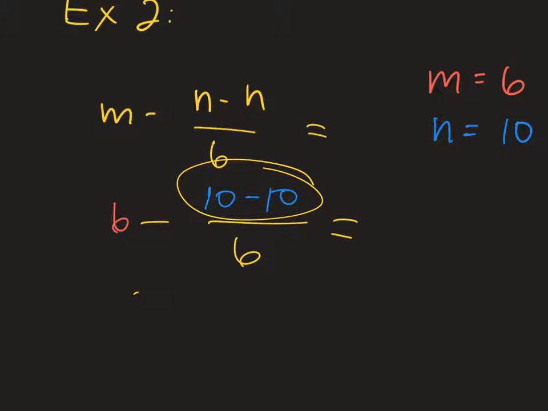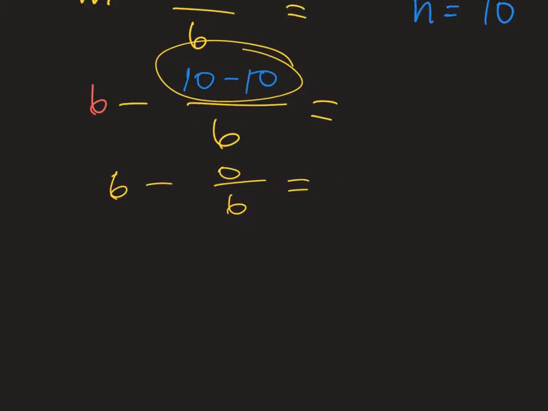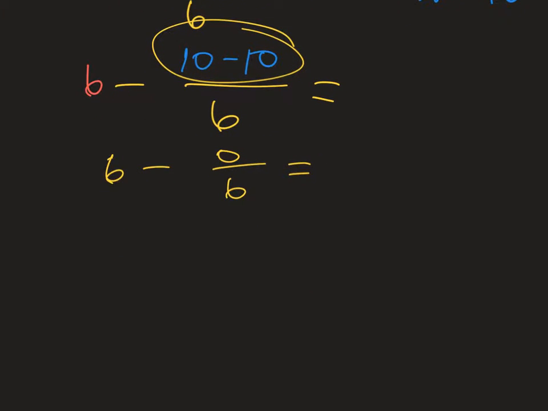Or I could have done that before the problem even started. I could have n minus n, I already know it's 0. So 6 minus 0 over 6 equals some number, and 0 divided by 6, 0 divided by any number is always 0. So 6 minus 0 is equal to 6.